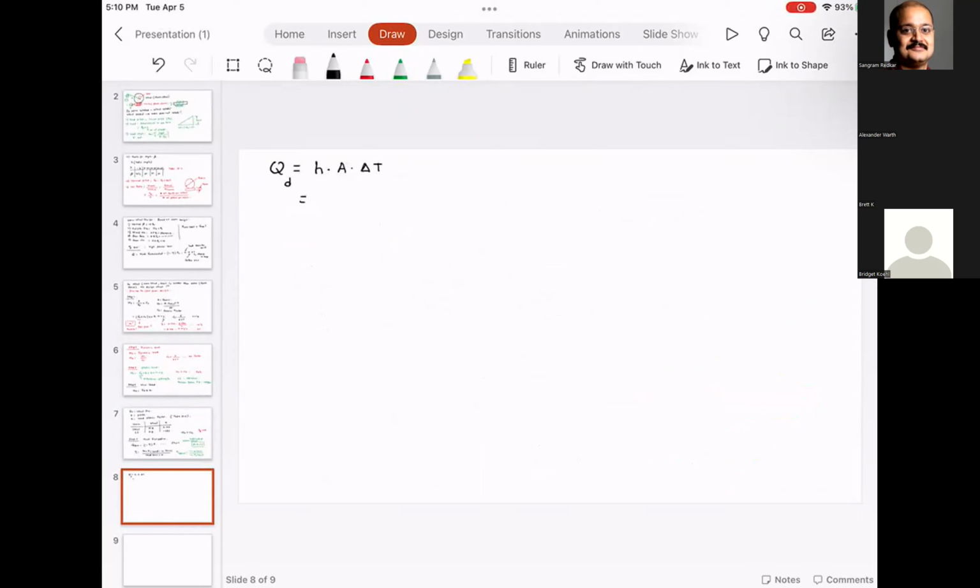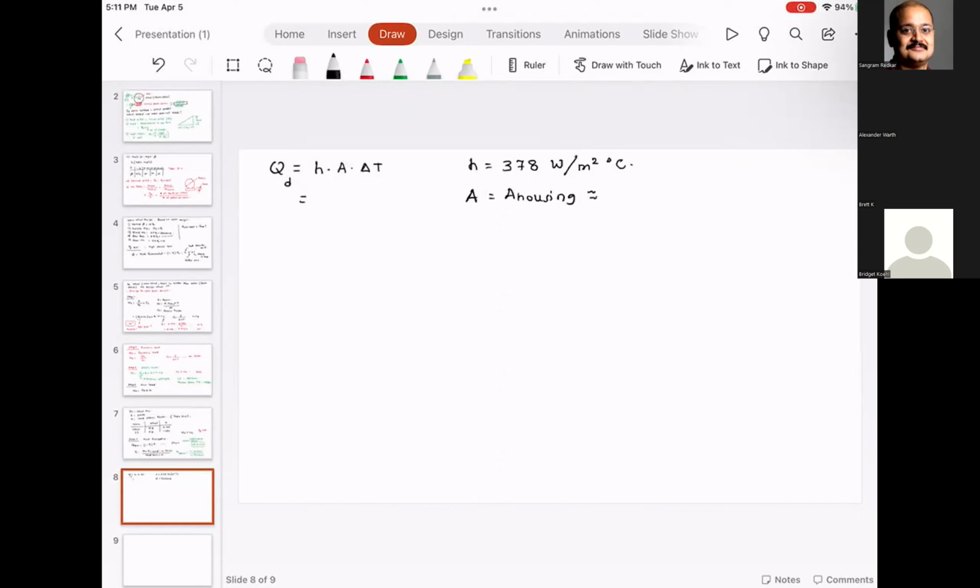So you can use the appropriate coefficient of heat transfer, which can be taken as 378 watts per meter square degree Celsius. And A is the area of the housing.